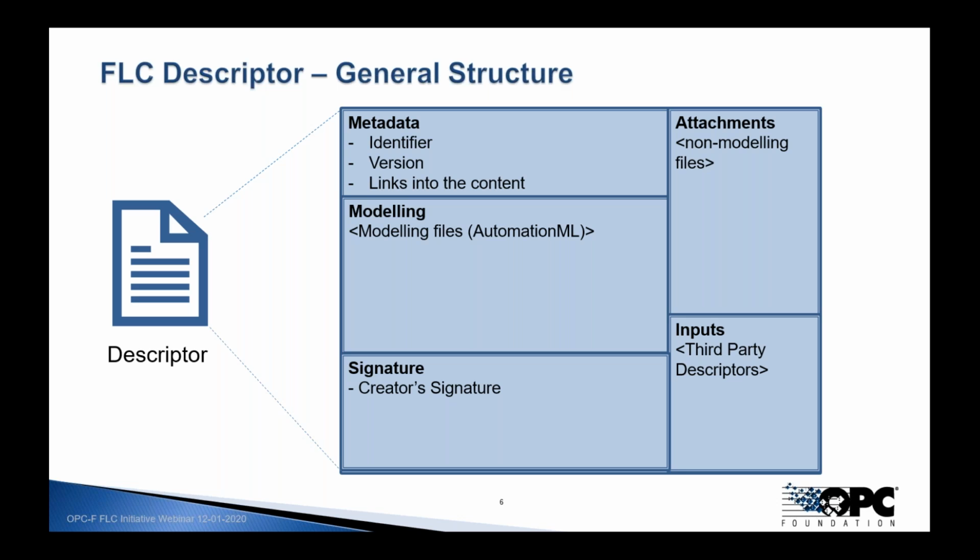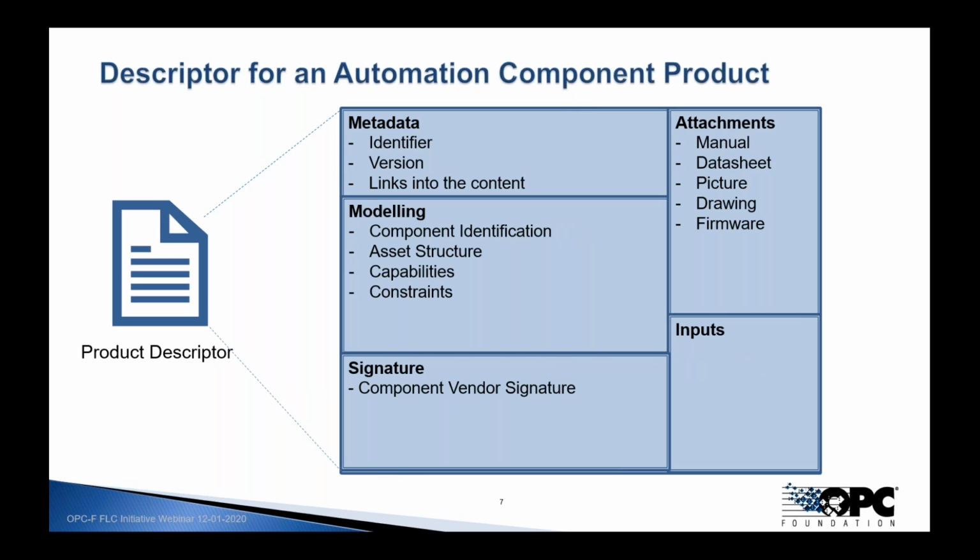So how does it look for the product descriptor? The product descriptor will contain basically the asset structure of a controller. It will have the identification information. It will have capabilities of the asset, constraints of the asset. It will have, of course, all the references between the assets that Paul Hunkar has shown in his presentation.